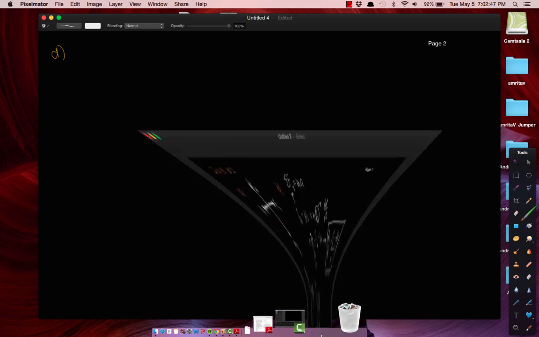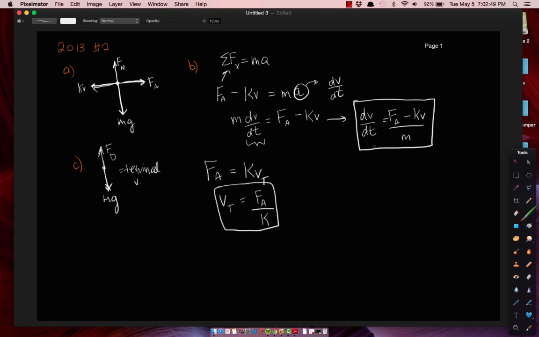As we saw in part B, we got this differential equation, so we're going to put it in our part D. Our differential equation again is m dv/dt is equal to F_A minus kv.